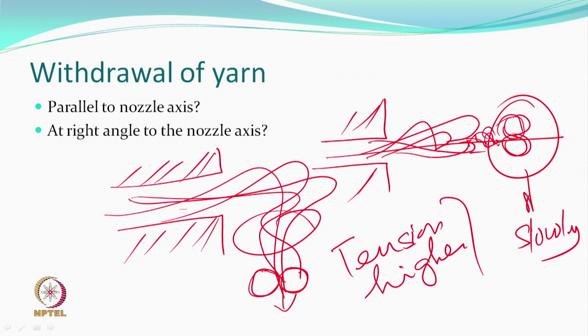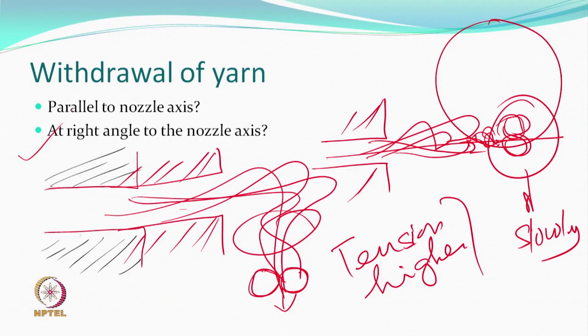And they could find that if you have the take-up at right angles to the nozzle, the withdrawal is at right angle to the nozzle axis, then you just produce yarns which are of better quality, and there is hardly any cost. Yarn does not mind from whichever direction you take up. Make sense? Simple innovation.